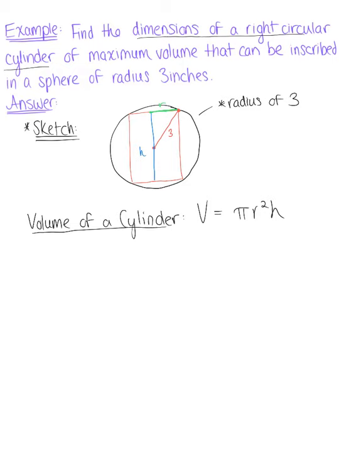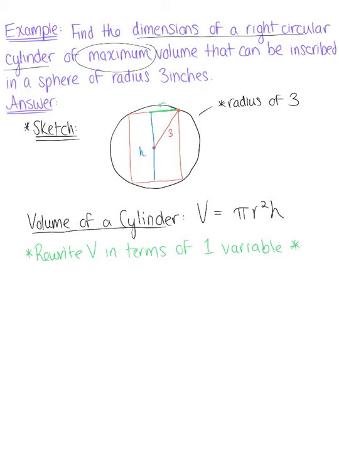So in order to maximize the volume of this cylinder, we need to rewrite it in terms of one variable. So here's where our graph is going to be particularly useful. And we can already see it taking place here.